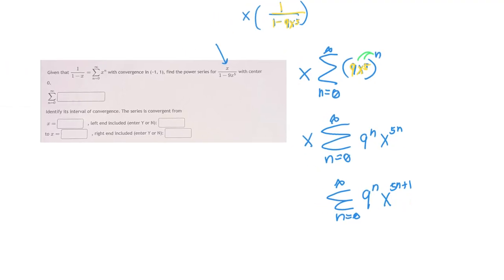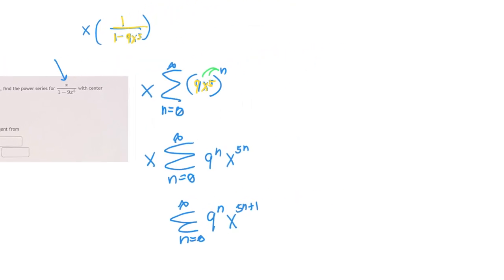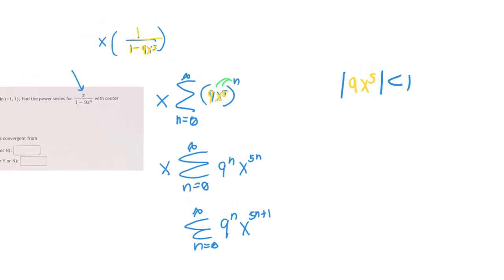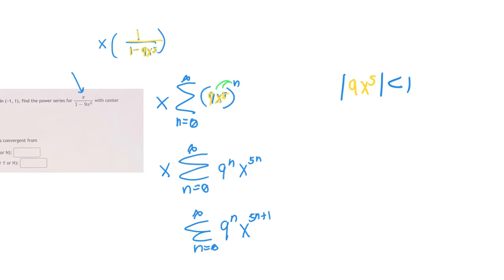Okay, so we have this. Identify its interval of convergence. Same deal as before, right? Whenever you're doing that, I would say always use this. It's really that yellow 9x to the 5th that's going to be in the absolute value brackets, and we want that to be less than 1 because the absolute value of r is less than 1.